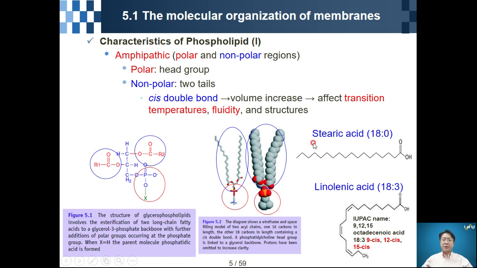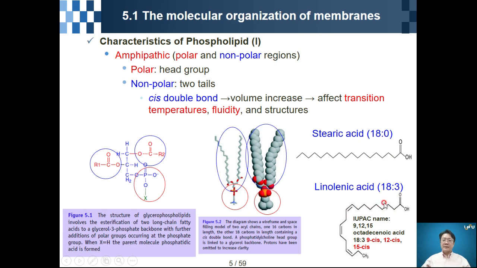In the case of stearic acid, they are composed of 18 carbons, and linolenic acid is also composed of 18 carbons. Both of them have the acyl chain.